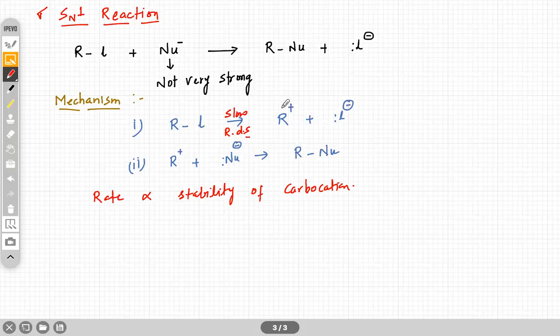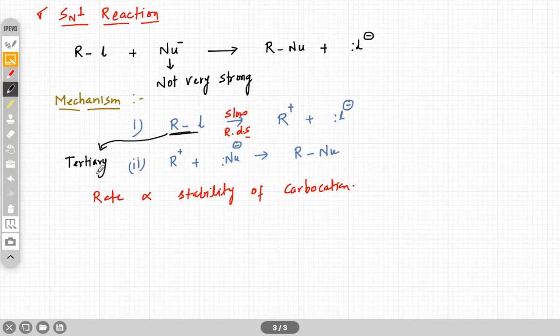Since a carbocation is forming, this substrate must be tertiary, because a tertiary carbocation is stable. I have written tertiary over here, but it does not mean that it is only tertiary.